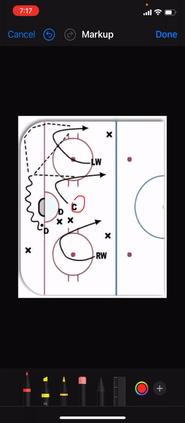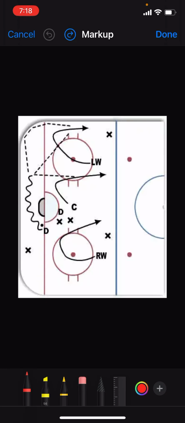And again, it's not always a defenseman. You'll see in the video that we're going to show that it was actually the centerman who was carrying the puck. As we get more advanced, we'll realize that when you find yourself in a certain role, in a certain spot, you want to adopt that role. So we'll see what happened with the centerman in the video.